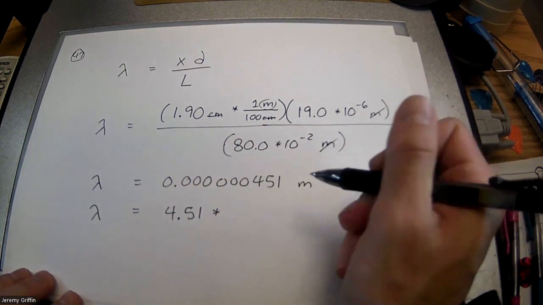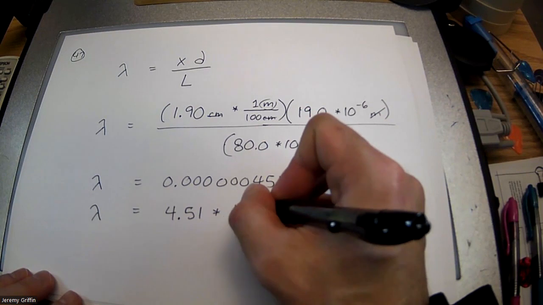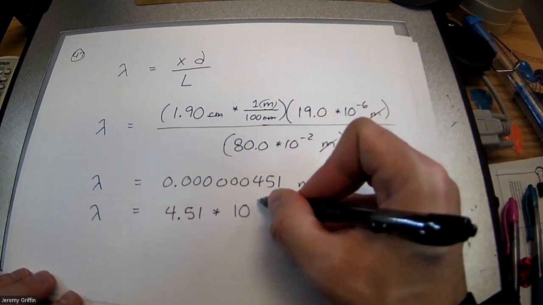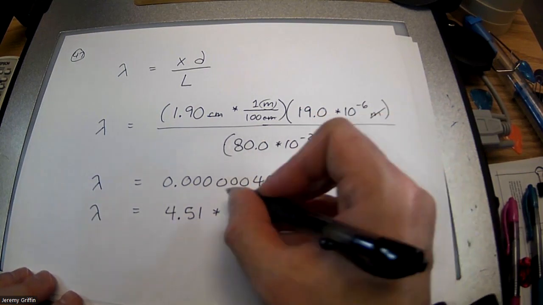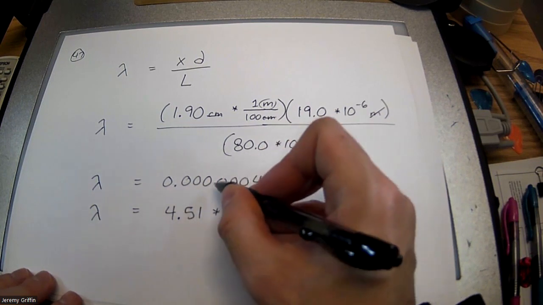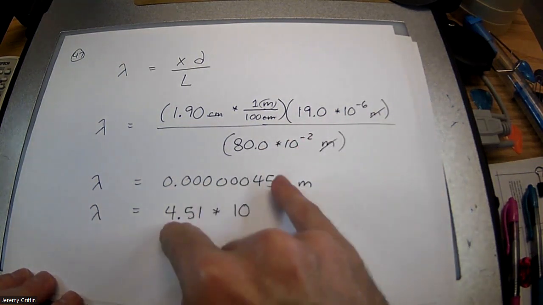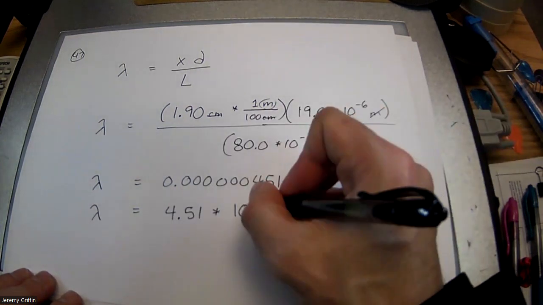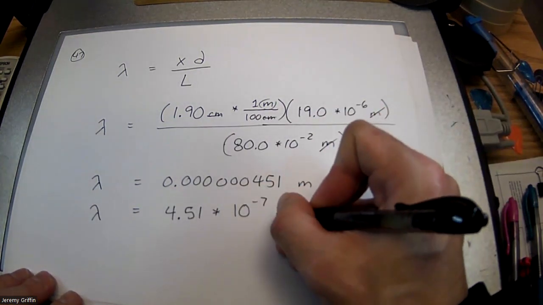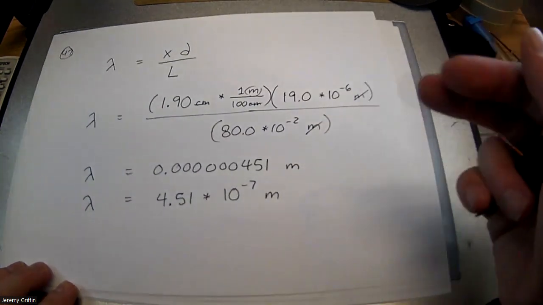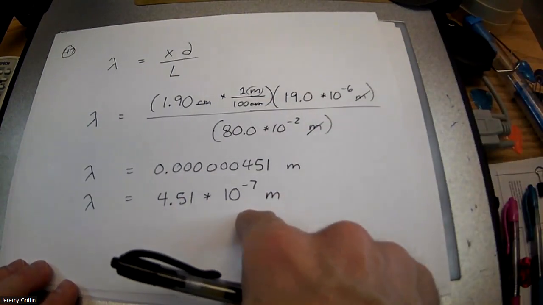Did you write this like 4.51 times 10 to the what? Negative 7. Yes, because 1, 2, 3, 4, 5, 6, 7, the decimal would be 7 places removed. Negative 7 meters, right? Remember, the negative just means the decimal rolls back to the left.